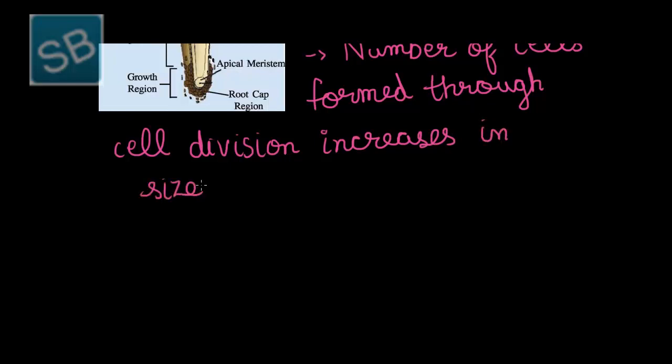This means that in the first phase the number of cells increases, while in the second phase the volume or the size of the cell increases.